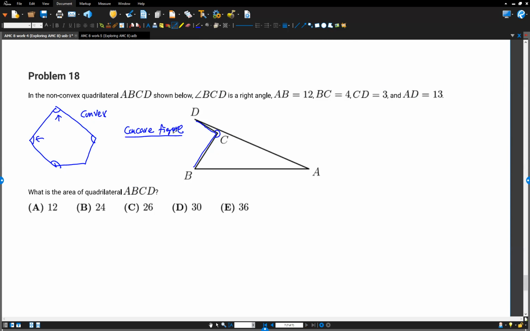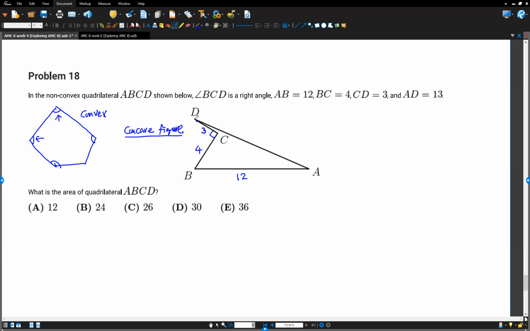Okay. By the way, we have ABCD, and the angle BCD is a right angle. Where is the angle BCD? This angle is a right angle. AB is 12. BC is 4. 3, 4, and 5.